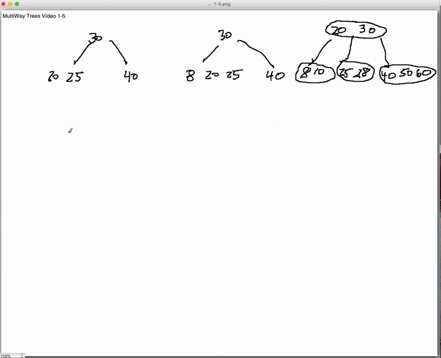So when I kick the 50 upstairs, I've got 20, 30, 50. Over here is going to be an 8 and a 10. Over here will be a 25 and a 28.